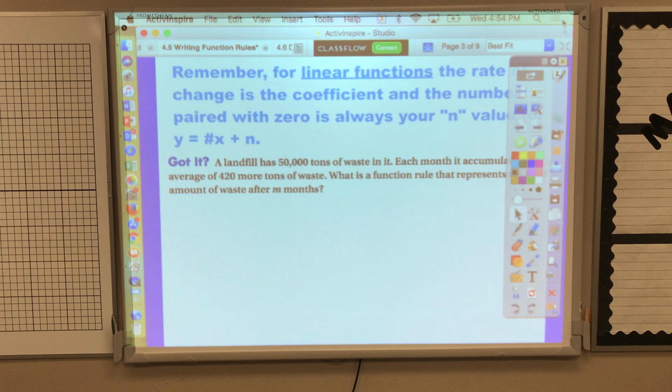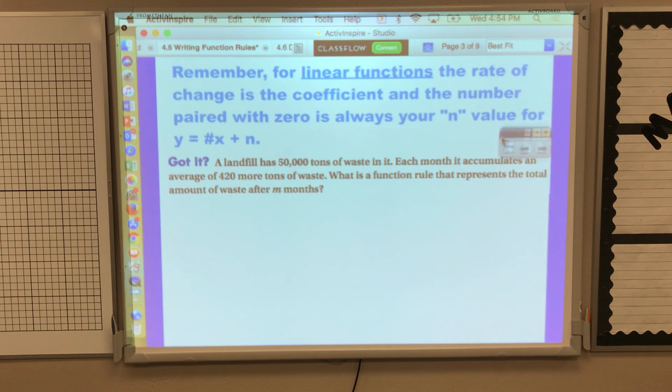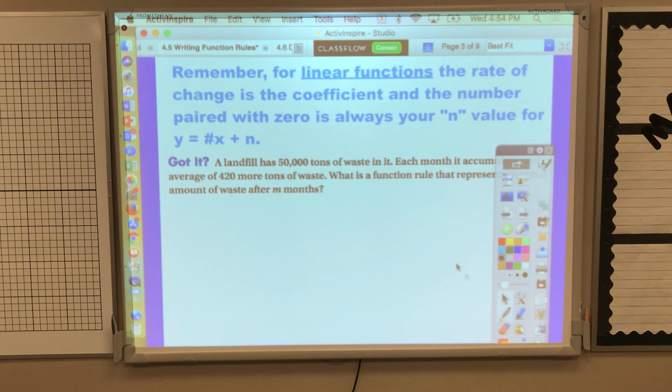Lesson 4.2, like I said, this reiterates all that. For a linear function, that rate of change is our coefficient. And if you didn't notice when we were substituting in for n into this equation, every time we did that, it was the number that was paired with 0.